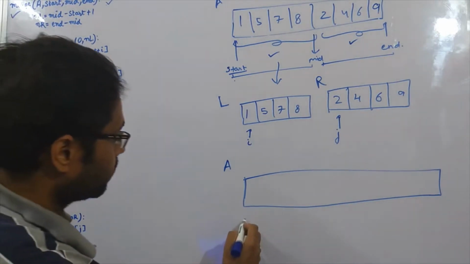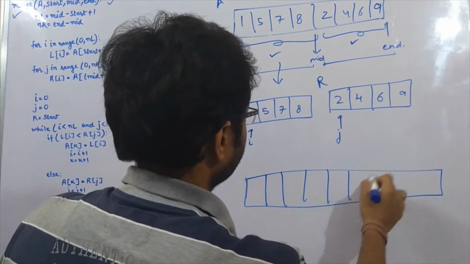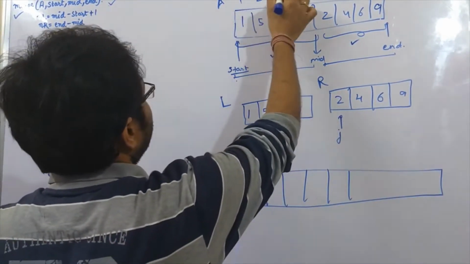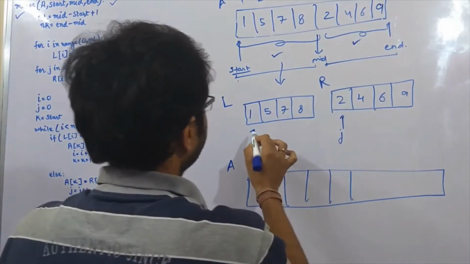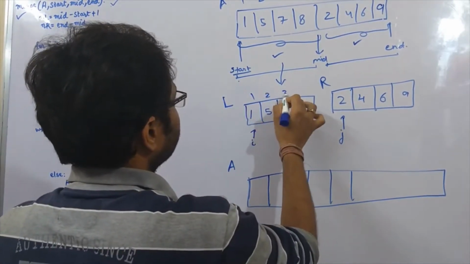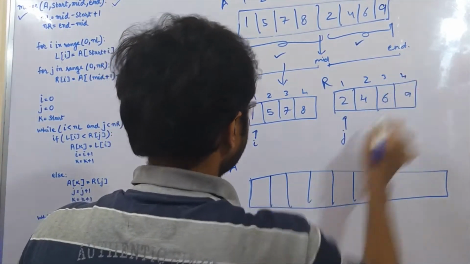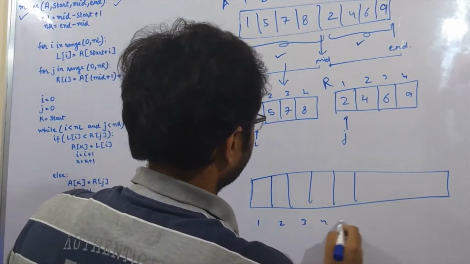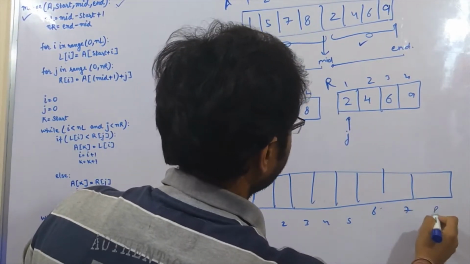How? We will create one more array, which has elements 1, 2, 3, 4, 5, 6, 7 and 8.